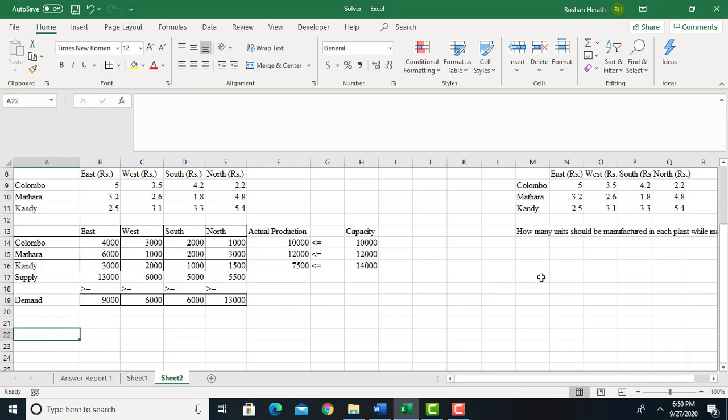Then here the most important consideration is the cost. You know the cost to take goods from Colombo to east, Colombo to west. Likewise, the cost per delivery of 1 unit is given. From Colombo to east it takes rupees 5 per unit.